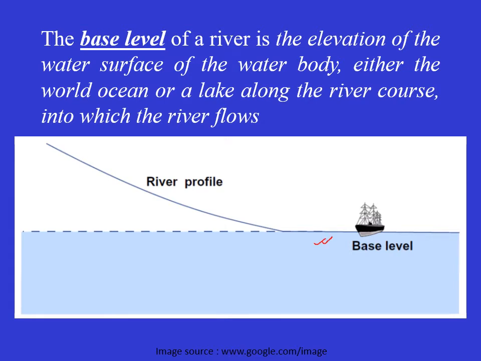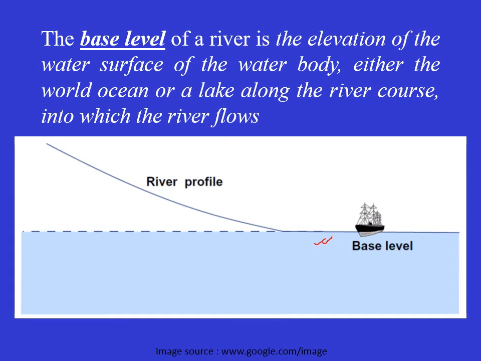Now, an interesting thing is, the ocean is a permanent water body where a river can meet. So the mean sea level, that is the 0 meter sea level, is our base level. Now, many rivers meet with a large lake situated inside the continent, far within the continental landmass.